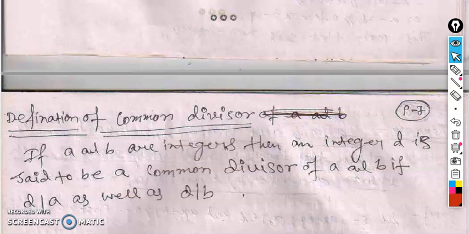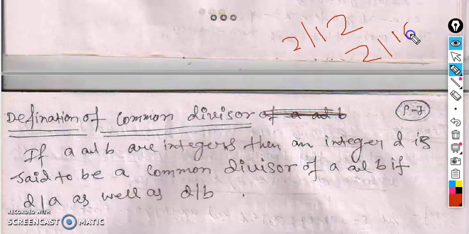If we consider an integer which is a divisor of another integer, and this particular integer is also a divisor of another integer, then this integer is known as the common divisor of the two integers. For example, 2 is a divisor of 12, and 2 is a divisor of 16.